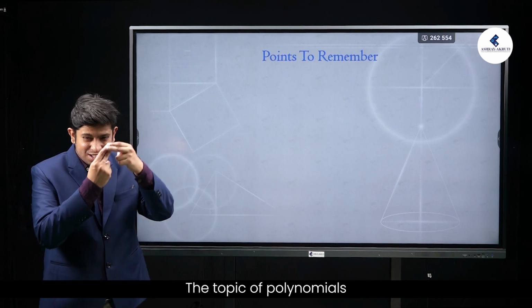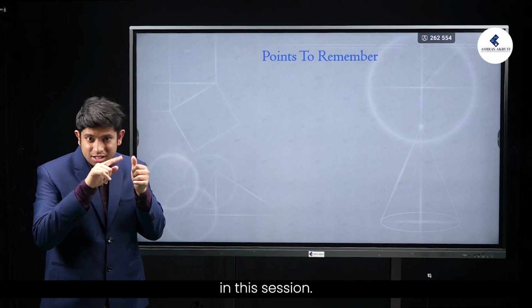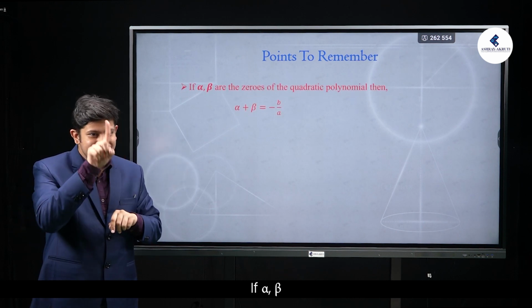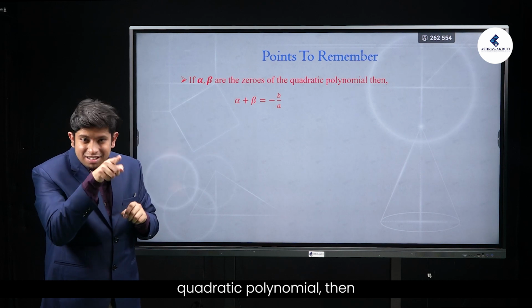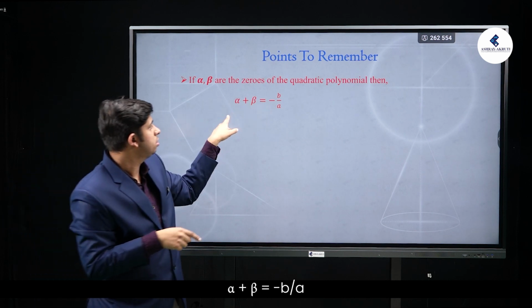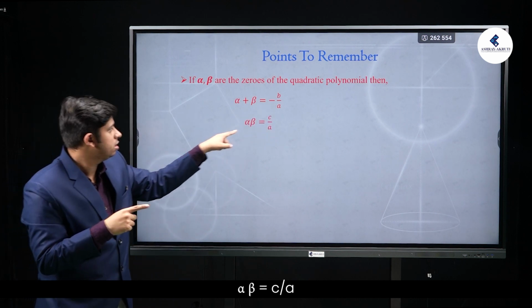Now, let us summarize the topic of polynomials which we have learnt in this session. If alpha, beta are the zeros of the quadratic polynomial, then alpha plus beta is equal to minus b by a, alpha into beta is equal to c by a.